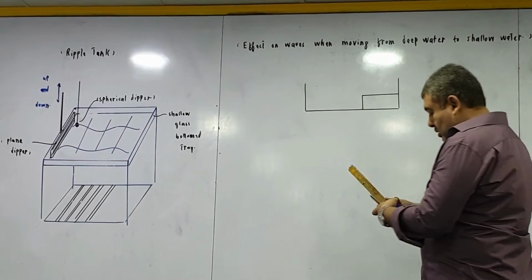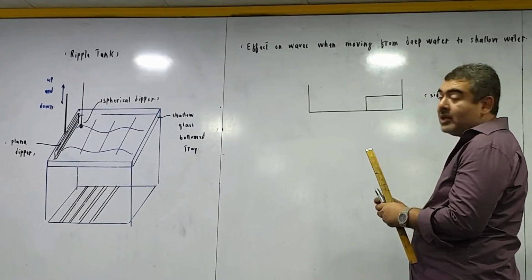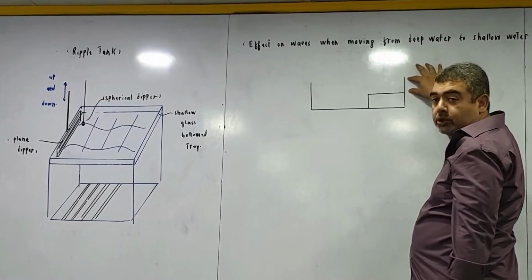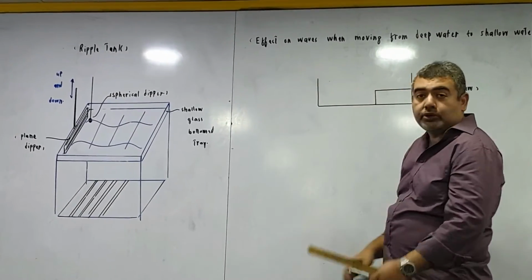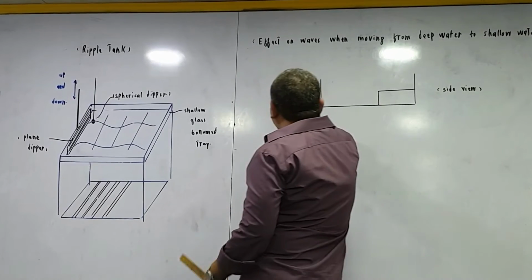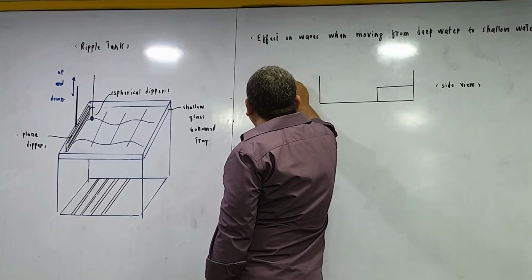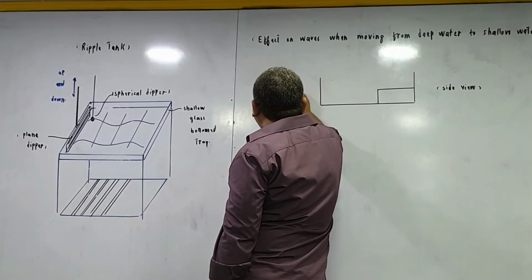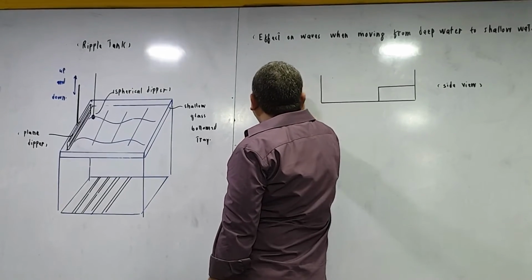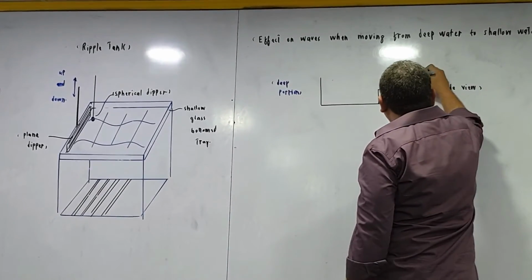Now, हमारे पास this is now the shallow portion and this is the deep portion. So ये deep portion मिल जाएगा हमारे पास. और ये हमारा shallow portion हो जाएगा.